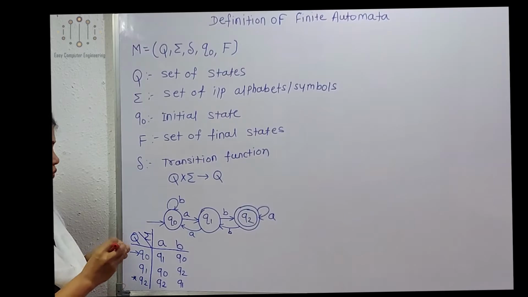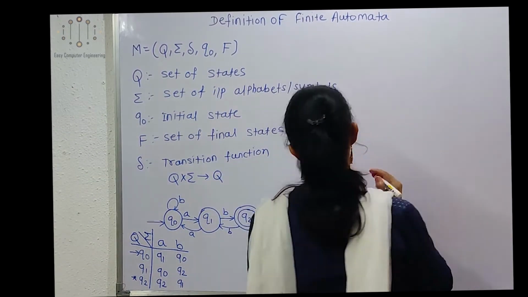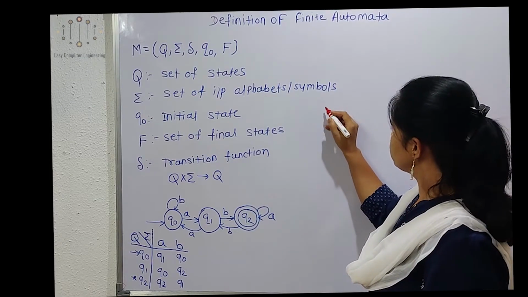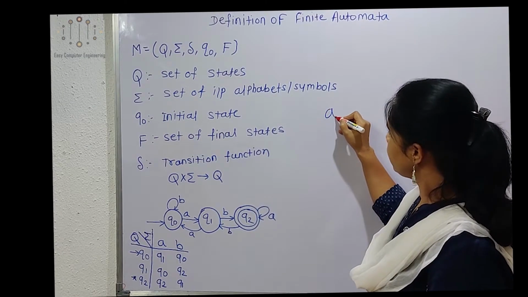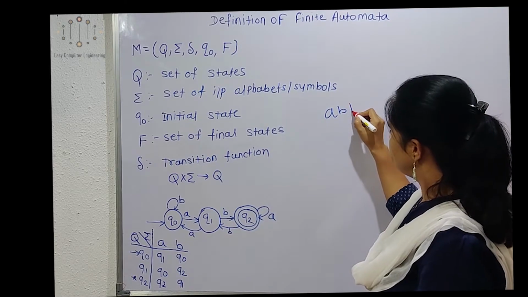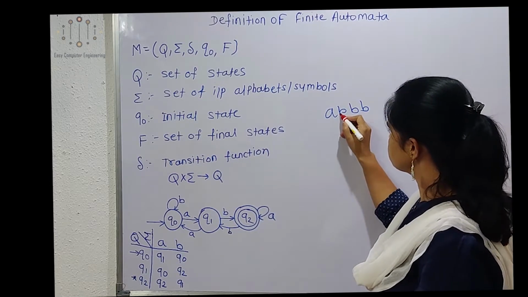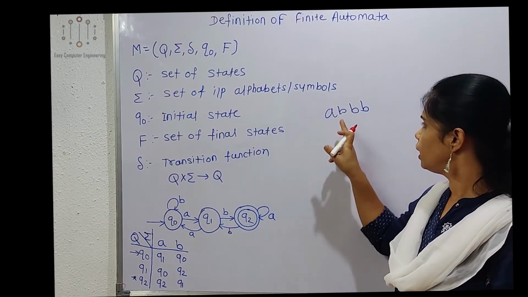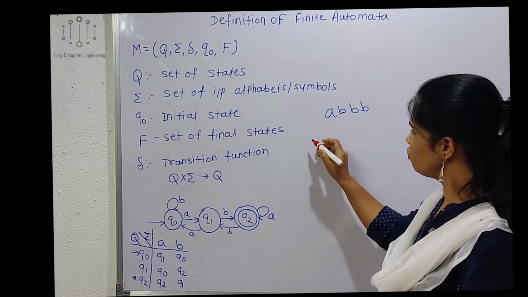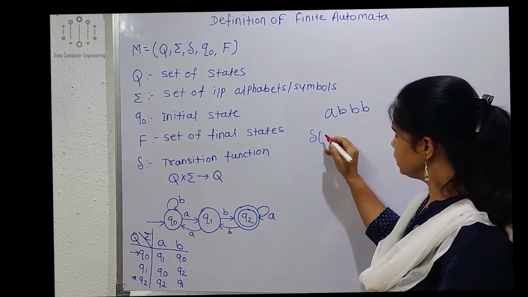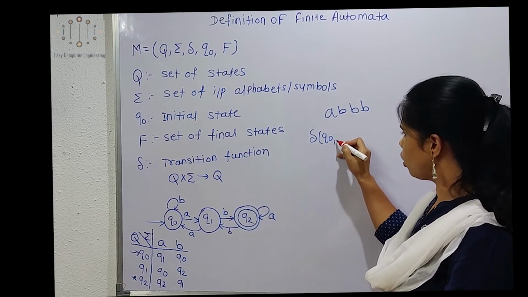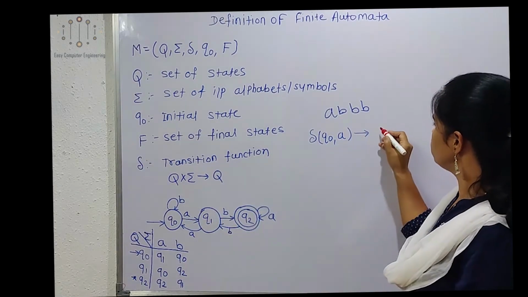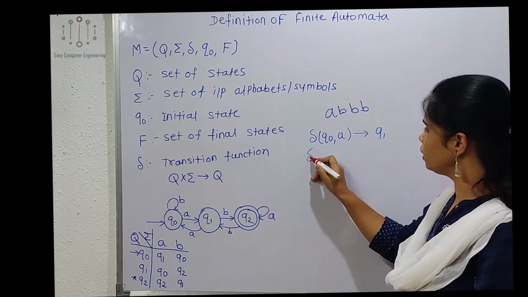Now after this we can show acceptance and rejection of an input string. How can we show it? First we will take one example, A, B, B, B. Let us consider whether this string is accepted by this finite automata or not. From the initial state Q0, on input A we move to Q1.